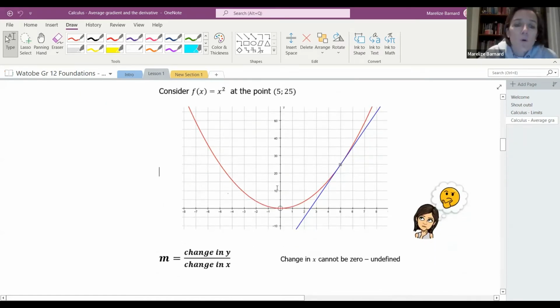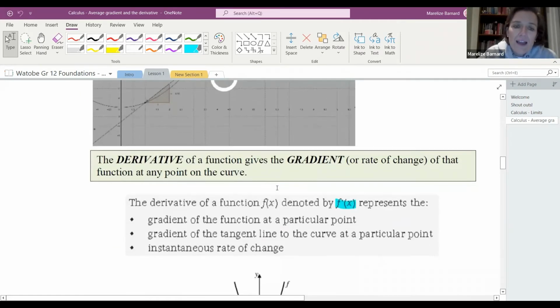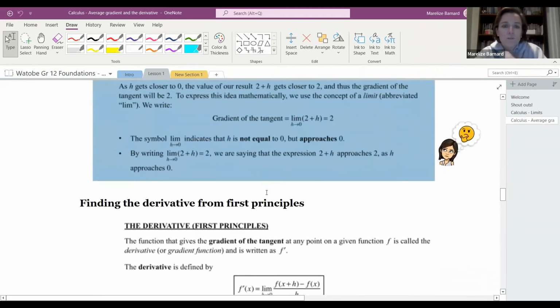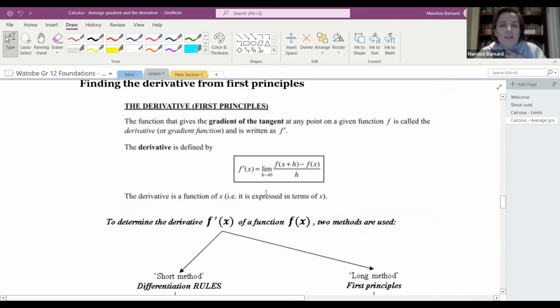We're going to start off by looking at a formula that is called first principles. So, the derivative from first principles. First principles just means the basic idea: it was Isaac Newton who invented calculus.